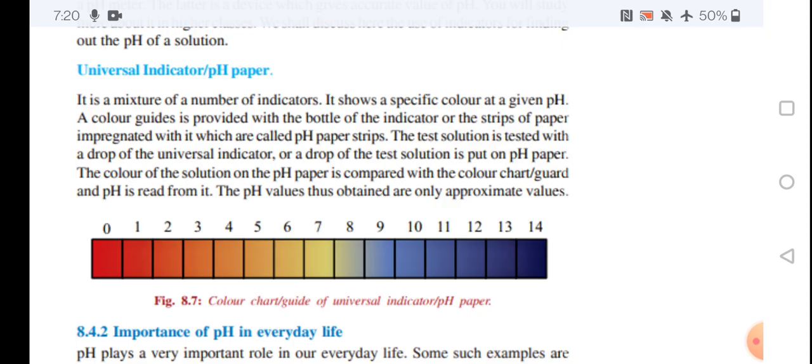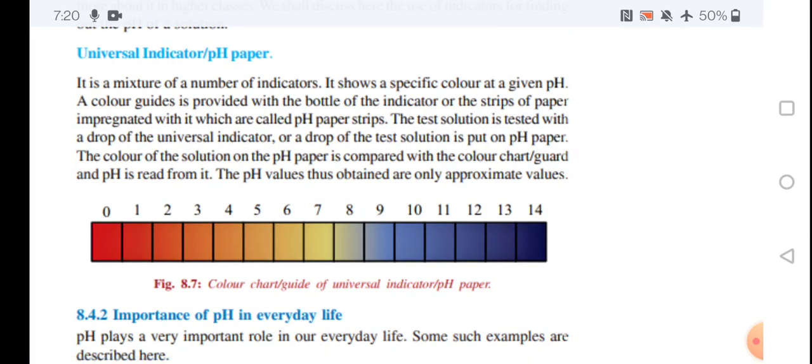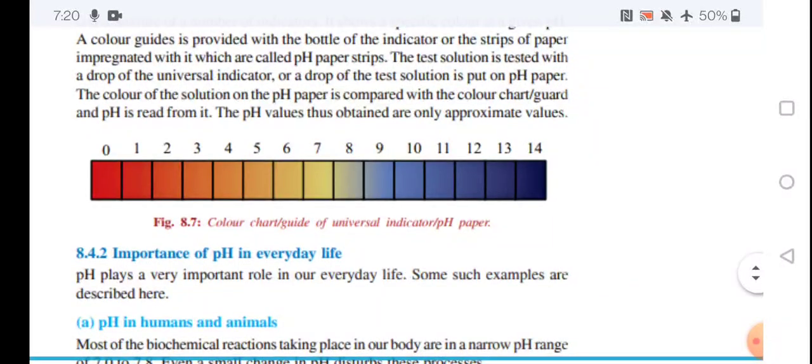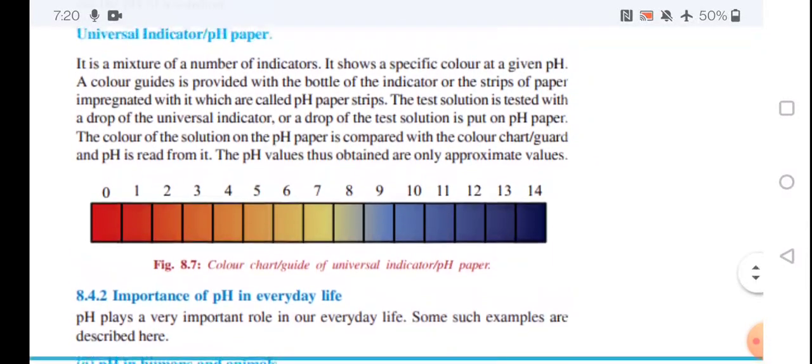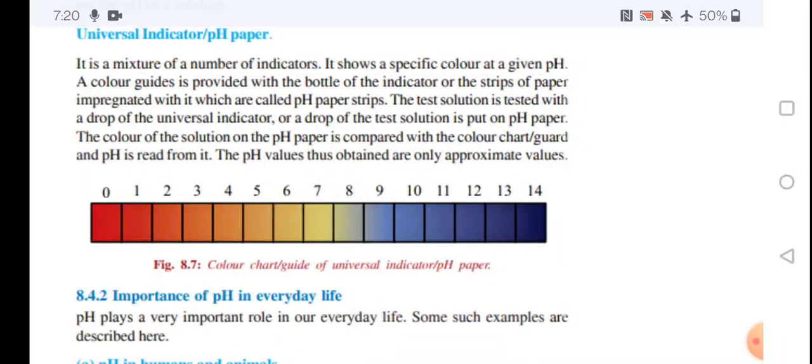The test solution is tested with a drop of universal indicator, or a drop of test solution is put on the pH paper. The color of the solution on the pH paper is compared with the color chart, so the pH is read from it. The pH value obtained is only an approximate value. For any solution we will use some indicator to check whether it is an acid or a base.